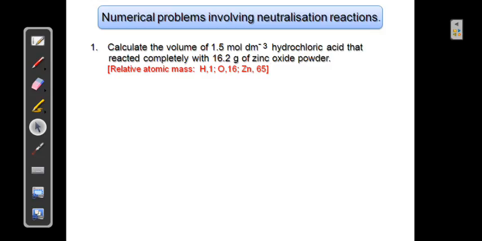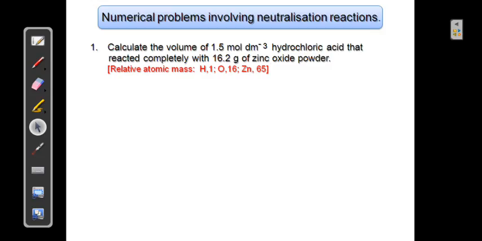What is the question? The question is to calculate the volume. They want to know the volume of what? Of hydrochloric acid. They want to know what is the volume of hydrochloric acid that will react completely with 16.2 grams of zinc oxide powder.